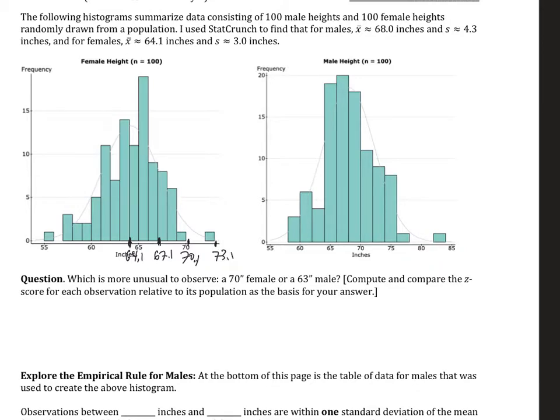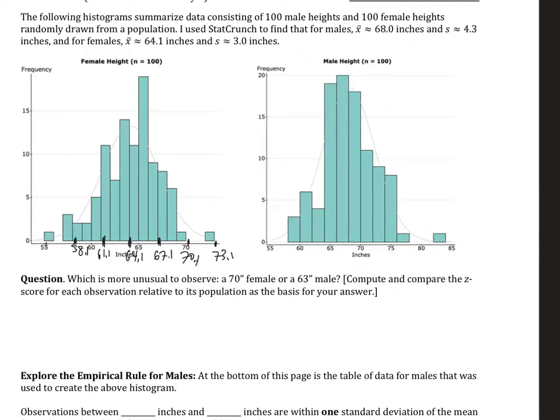So that's what 3 standard deviations up look like, and then 3 standard deviations below. I will subtract my standard deviation 3.0 for each one of those. Starting at the middle, 64.1, subtract 3.0 will take me to 61.1. Subtract 3.0 again, that'll take me to 58.1.